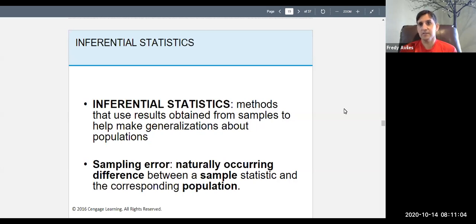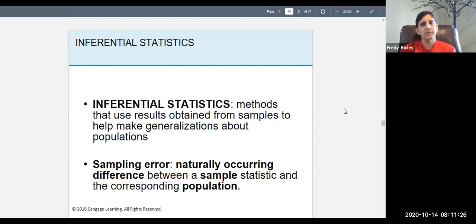Inferential statistics, it says there, are methods that use the results obtained from samples to help make generalizations about populations. What that really means is that these are methods where you compare the results you get from your sample to your population.